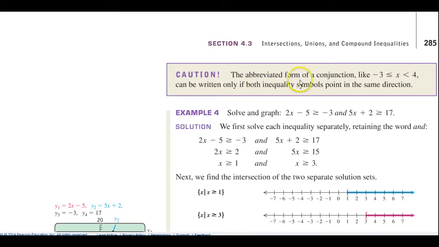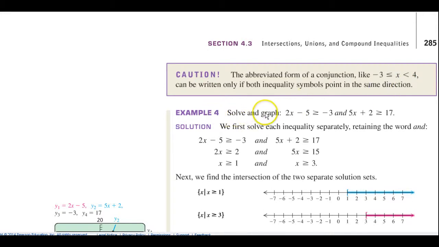Now, the abbreviated form of a conjunction like this can be written only if both inequality symbols point in the same direction, by the way. Okay?